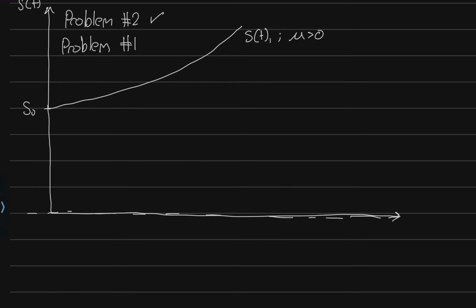So if we have a negative mu, we're going to have an exponential decay such that it reaches the constant S naught is equal to 0. So it can never cross the S is equal to 0 axis. So it can never become negative. So we actually fixed problem 1 implicitly, such that now we have a stock price that's in the domain 0 to infinity.